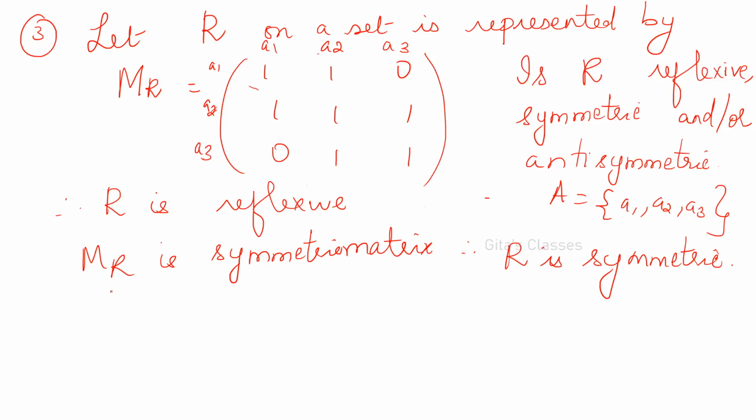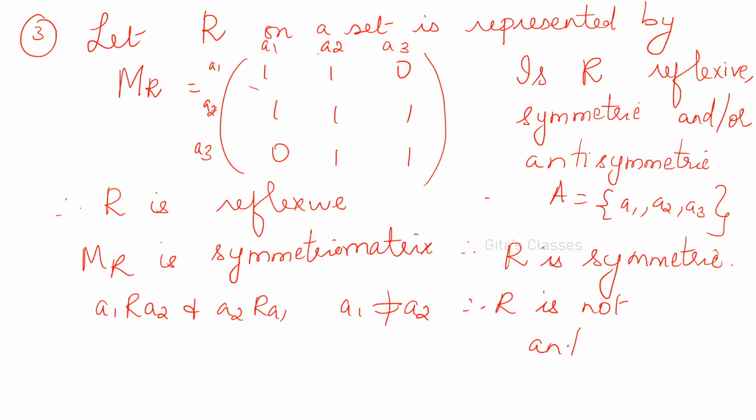Now, antisymmetric. If A1 is related to A2 and A2 is related to A1, where A1 is not equal to A2, then R is not antisymmetric. Because we have found one element.